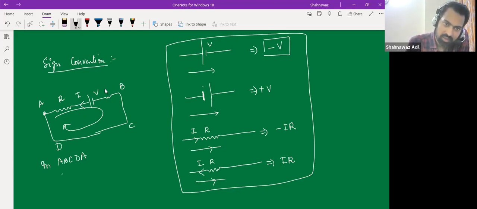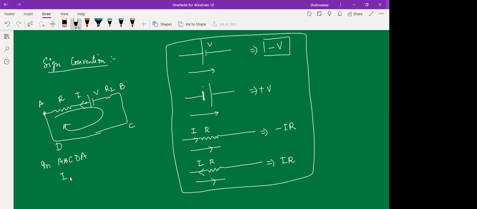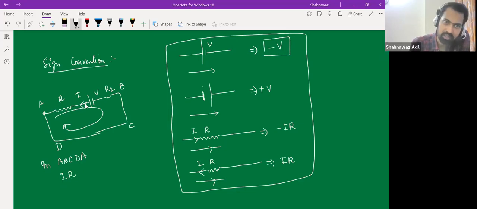For this point, my loop is in this direction and the current is in the opposite direction. So the voltage would be plus IR, right? Plus IR. Is that clear? Now you see that I am encountering the positive or high potential first. So would the voltage be negative or positive?